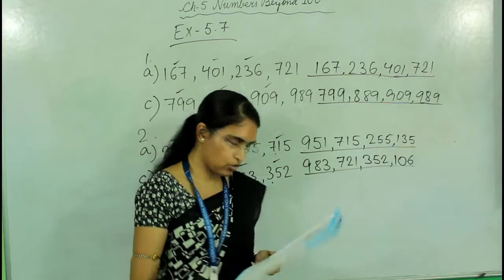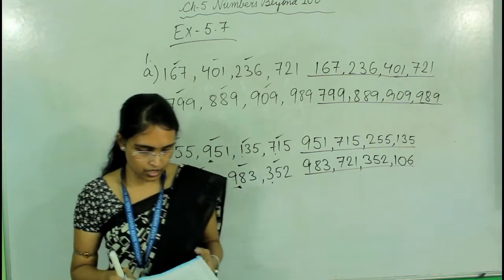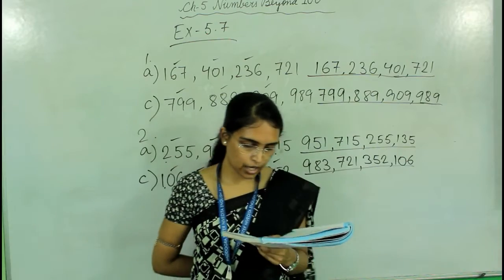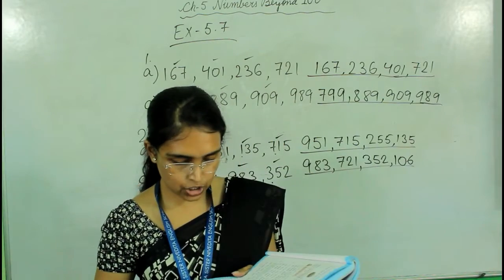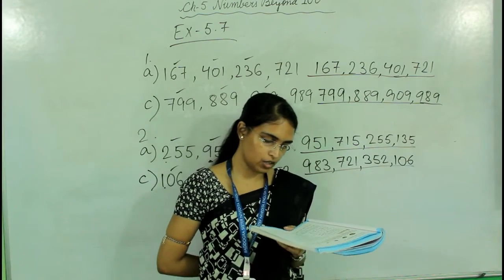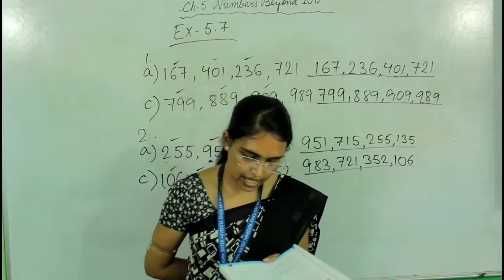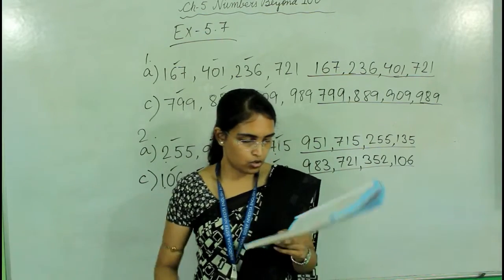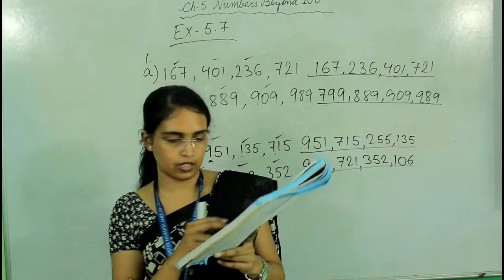Now we will proceed towards question number 3. In this question, what we have to do? Check whether the given numbers are arranged in ascending or descending order. Write A for ascending order and D for descending order in the box. So here are some numbers given.